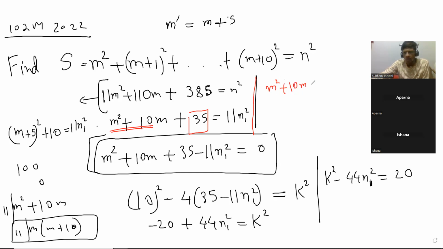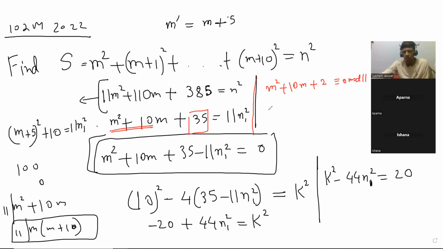This thing plus 35 is congruent to 0 mod 11, okay? 35 is 2 mod 11, so then we know that this is 0 mod 11.